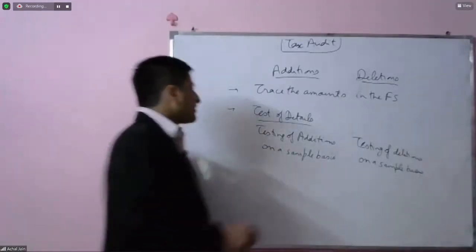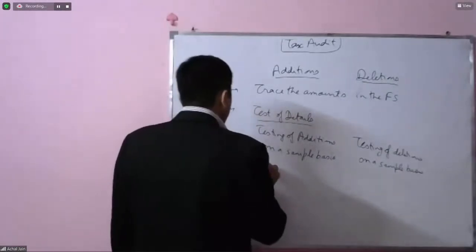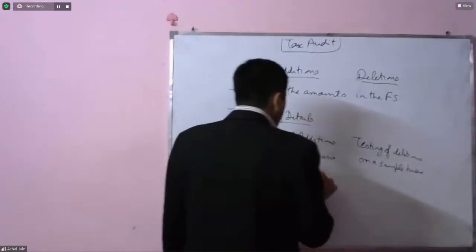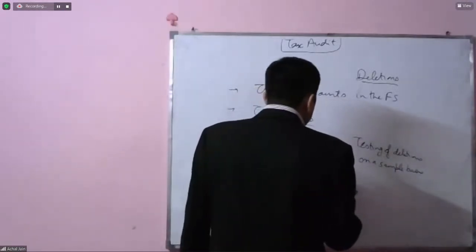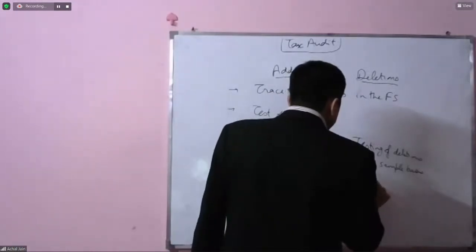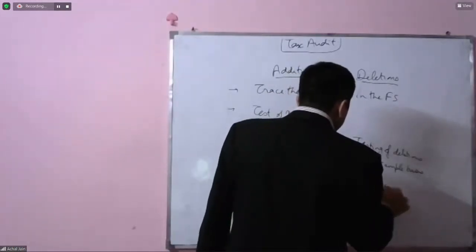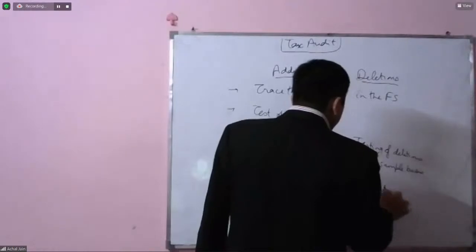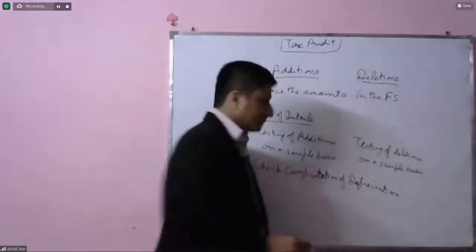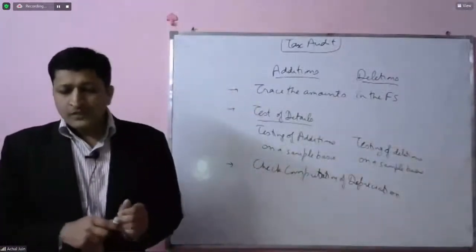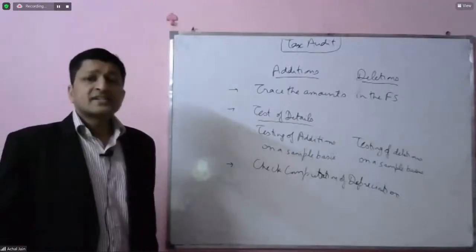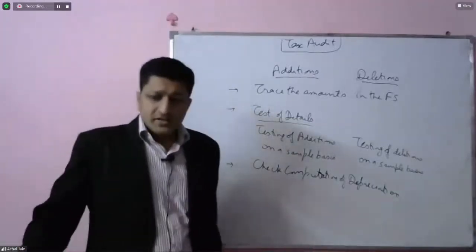And the next procedure, of course, will be to check computation of depreciation, which is completely about arithmetical computation. Now, as around additions, the testing procedures will remain the same.